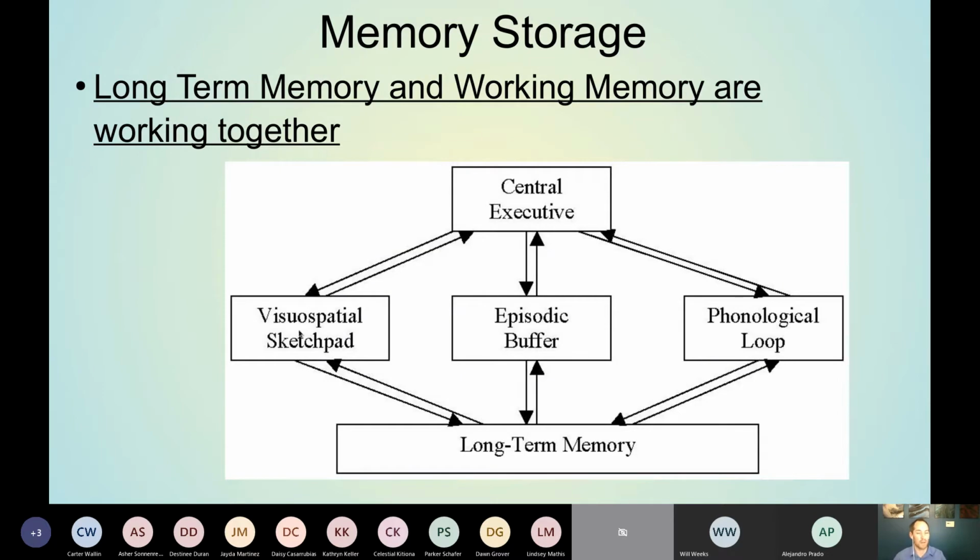Visual Spatial Sketchpad is essentially the working memory aspect that does visual things. So when you're doing an imagery thing, you're using that Visual Spatial Sketchpad. Phonological loop is sound, so the sounds that are around you, language that you hear, if you're thinking of words. Episodic buffer is kind of like a connection between long-term, well, all of these are connected to all the other pieces, but it's like this is the episode, the things that are happening around you.